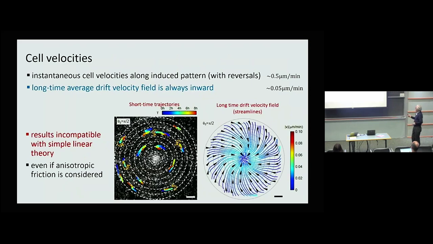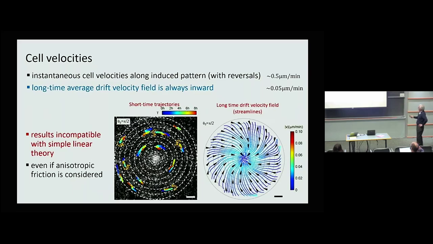The instantaneous velocity is about 0.5 micrometer per minute, and this reverses orientation in about 1 hour. However, we can also do the long-term time average of the drift velocity, and coarse-grain the cellular flow. If we average for 10 hours, the resulting velocity is about 10 times smaller, 0.05 micrometer per minute. But there is some net flow.